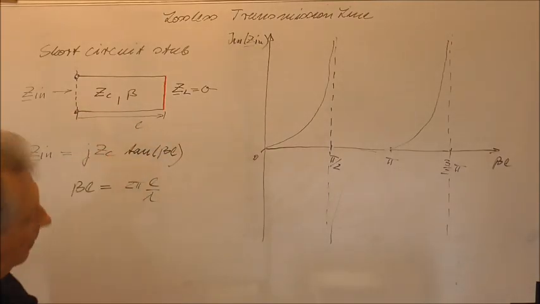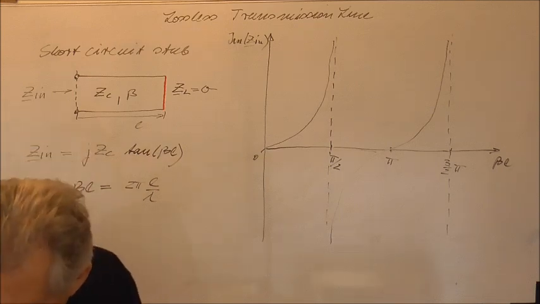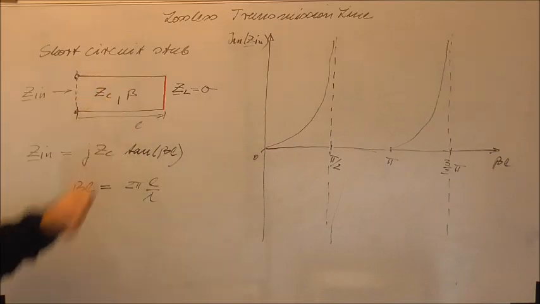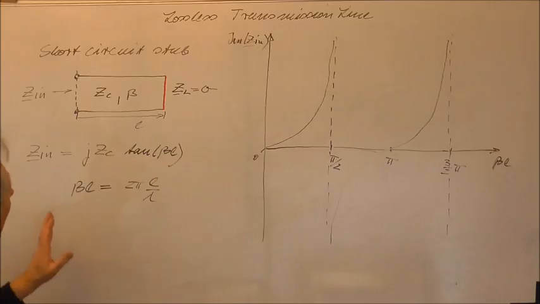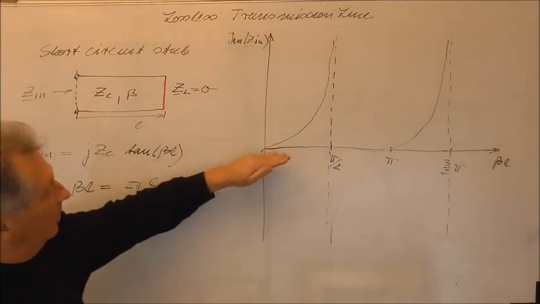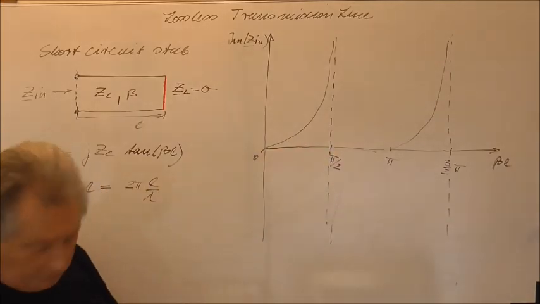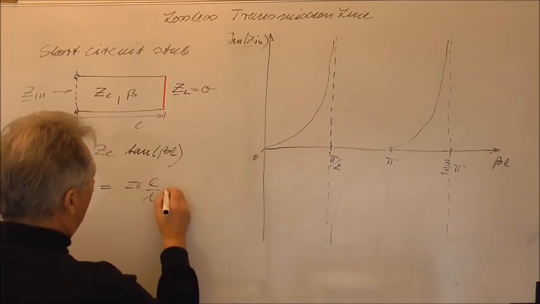So here we have the pure tangent function. And now we can think about which lumped elements we can realize with a so-called short circuit stub. You see its imaginary part is first positive, so I can also write it like this.